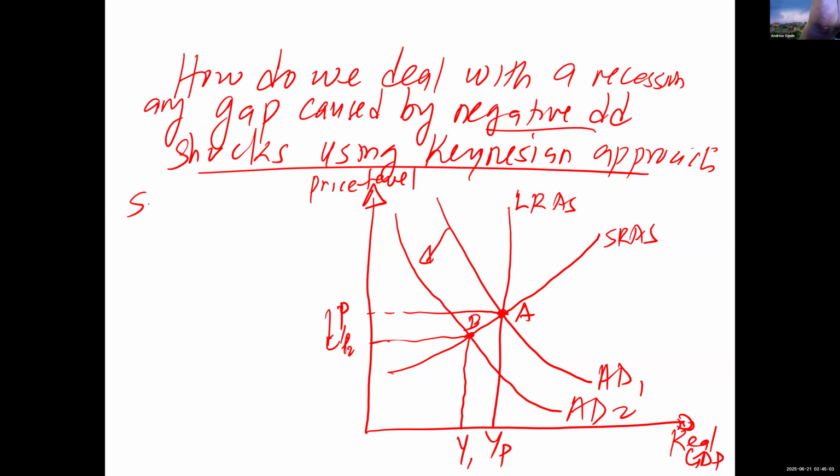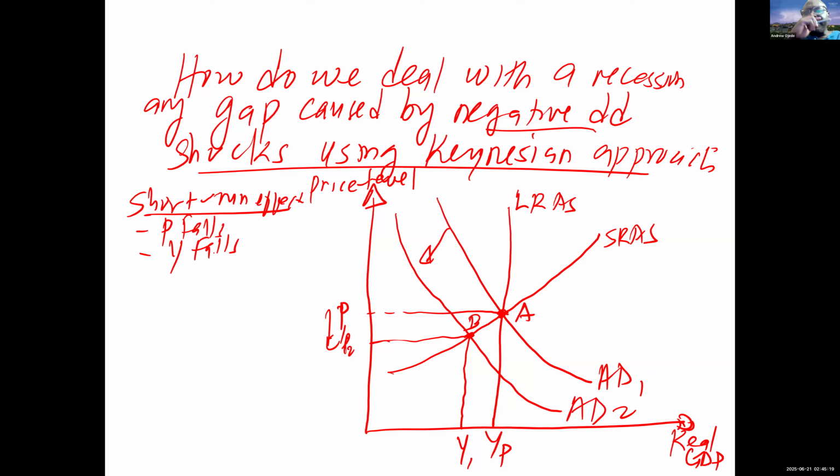As always, you document the short-run effect of that negative demand shock. Price falls, you see it on the graph, and output falls as well because of a recession.